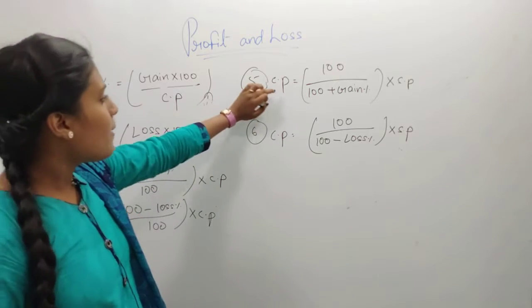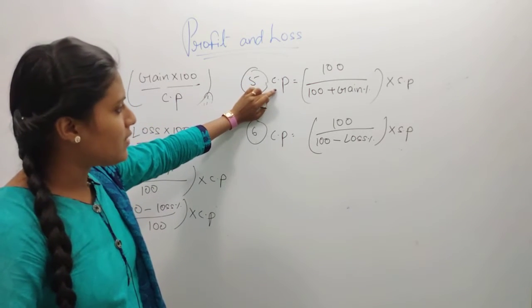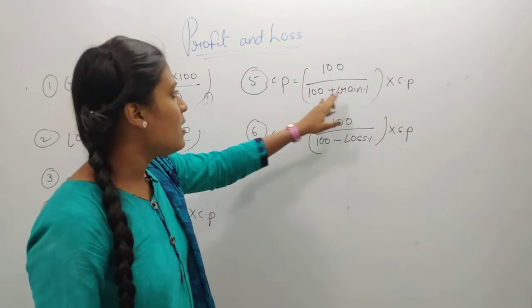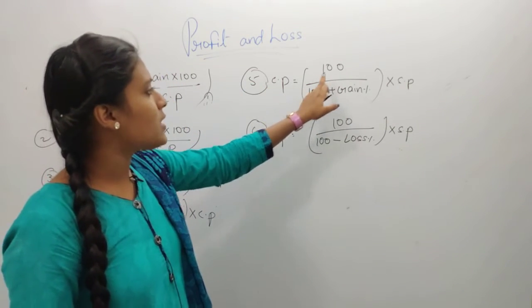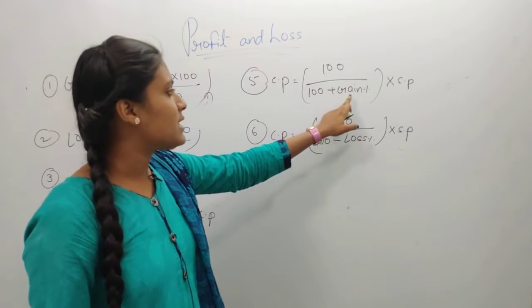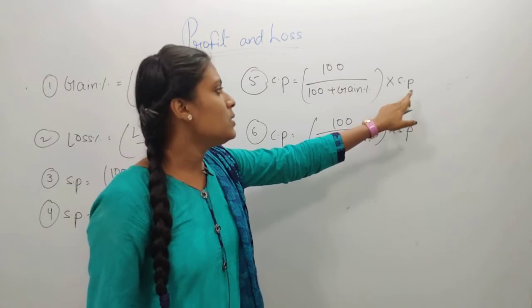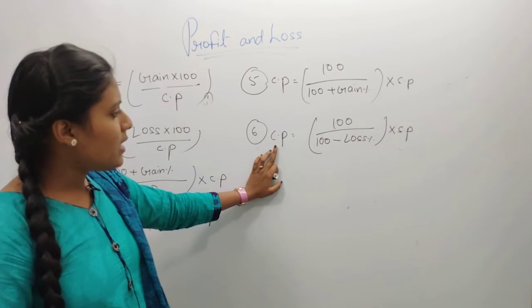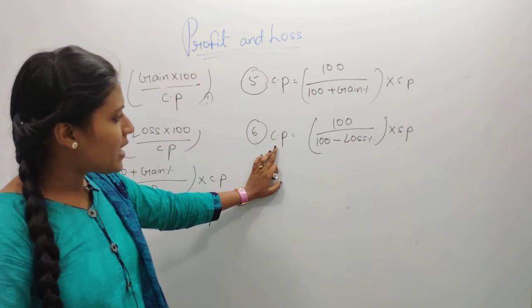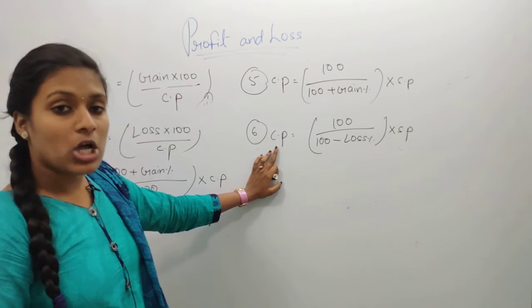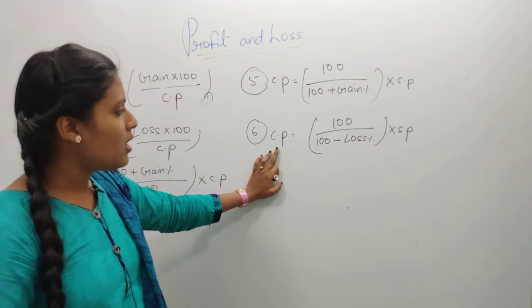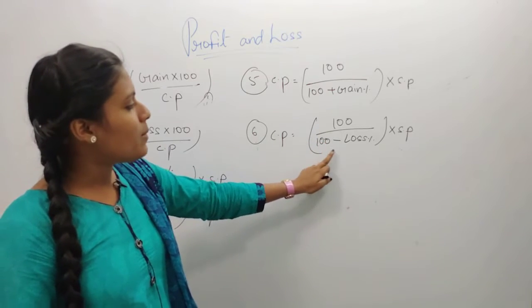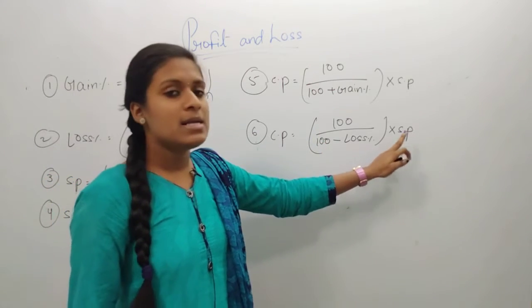Okay, in the same way, when it is given to find out cost price and gain percent is given, then the formula used is 100 by 100 plus gain percent into selling price. And once again, if cost price is to be found and loss percent is given, it is 100 by 100 minus loss percent into selling price.